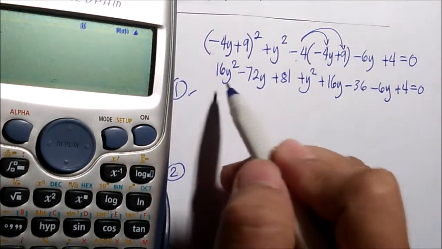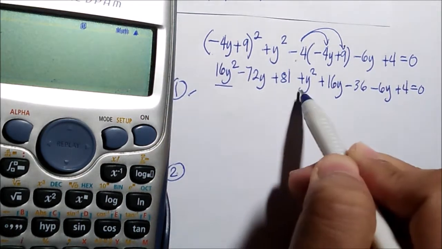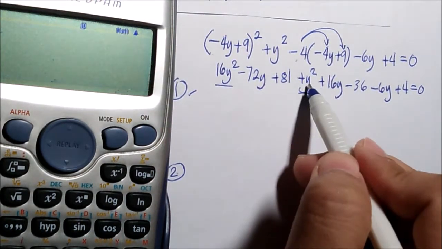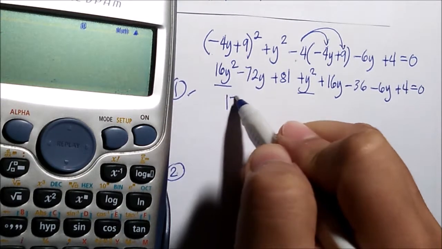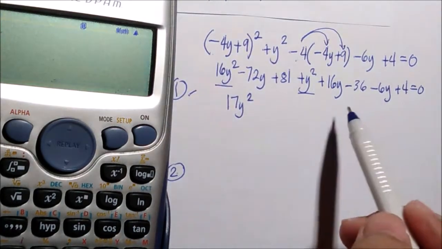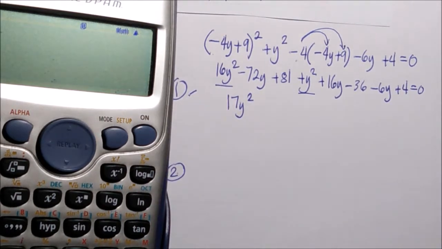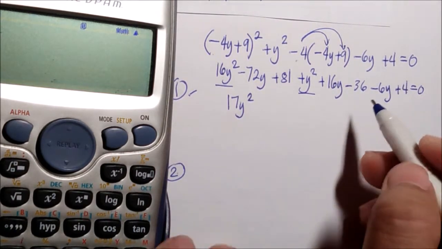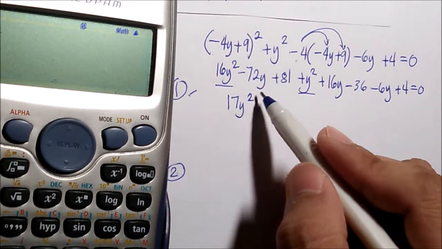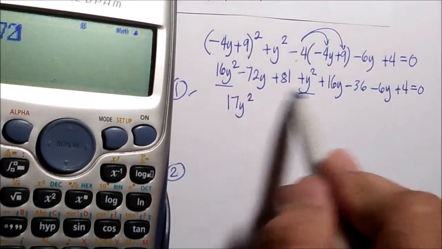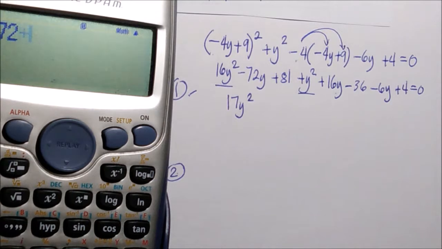Okay, combining the same terms, we have y squared here, we have y squared. So 16 plus 1, we have 17y squared. Next we have, let me check, minus 72y, plus 16y and minus 6y.